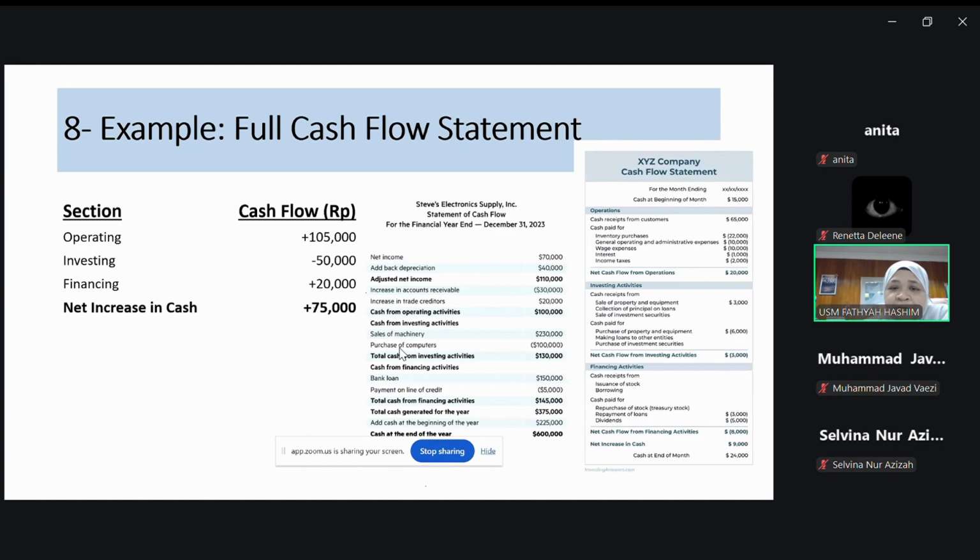So this is a full example of the cash flow statement. The easiest way: the cash flow statement has three headings.